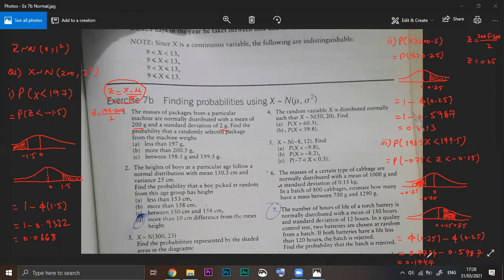In this exercise, we will learn how to convert any normal distribution into the standard normal distribution.